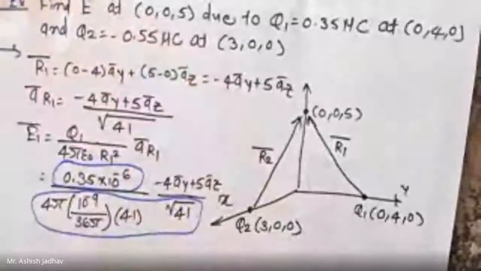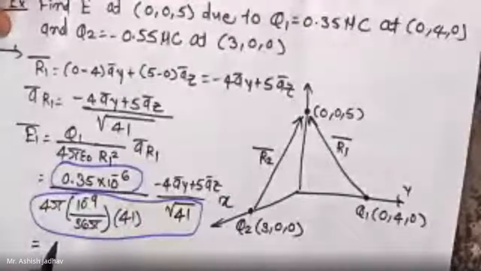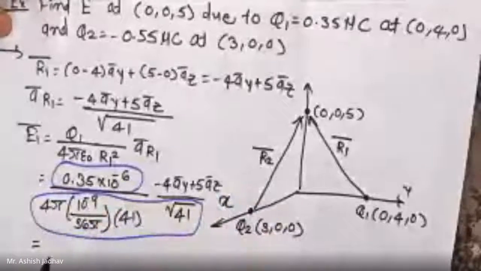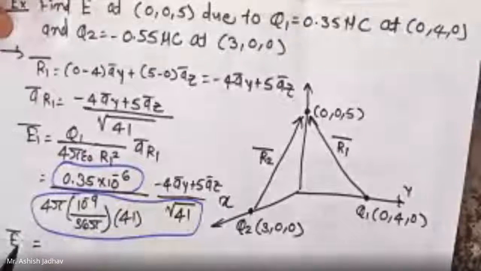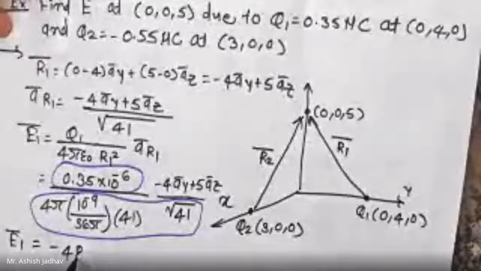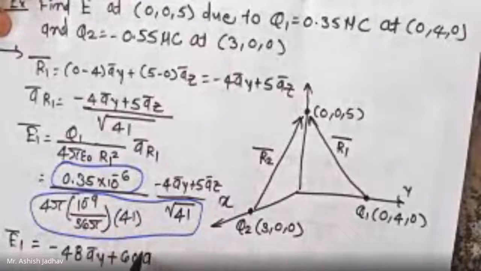Right? So if you get it divided, and get the final answer multiplied with that vector, value of E1 is equal to minus 48 a bar y plus 60 a bar z.